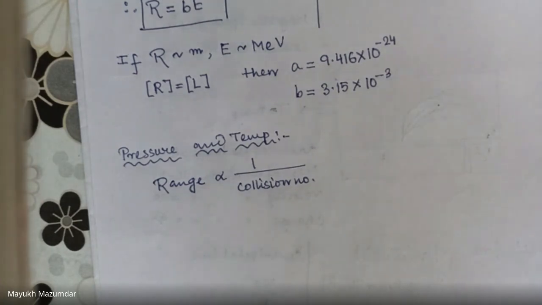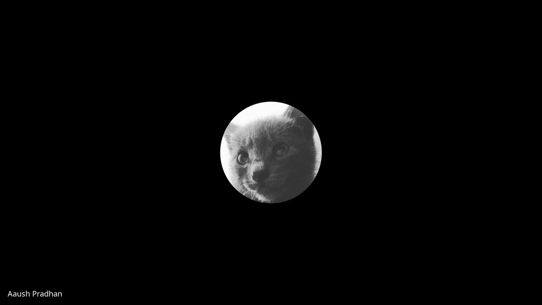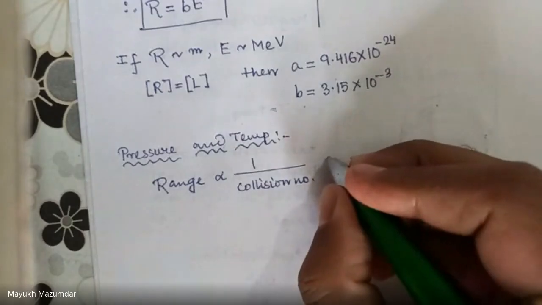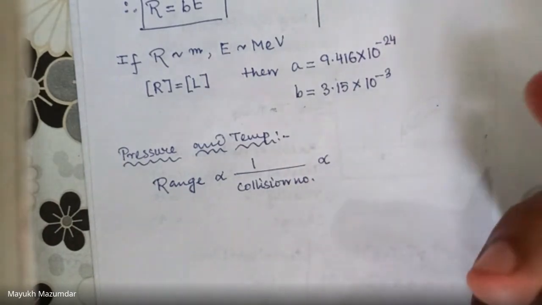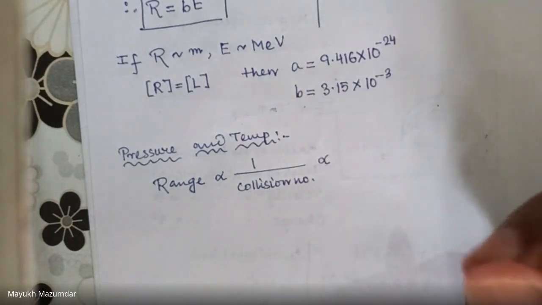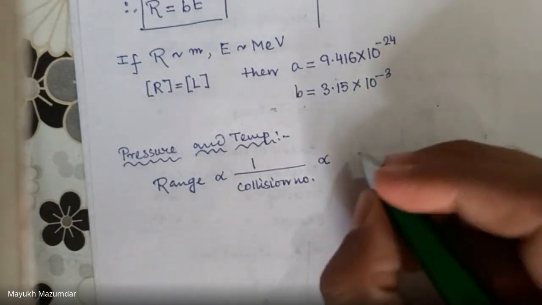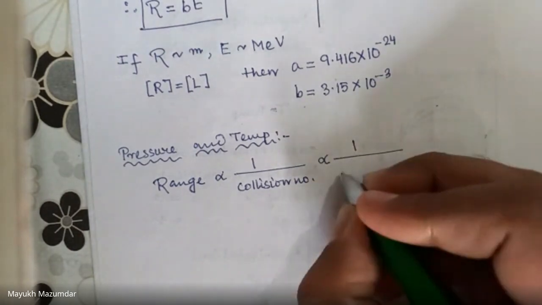If I increase pressure, will the collision number increase or decrease? It increases. Why? When you increase pressure, the space is less, so the number of collisions increases. Very good. You're getting lesser space, that is, the colliding particles are getting closer.